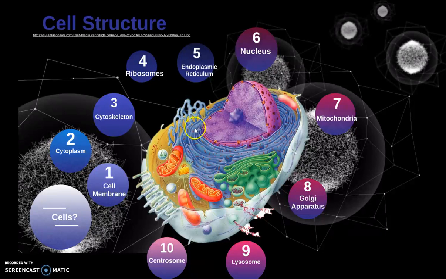The rough ER is called the rough ER because it looks rough because all these ribosomes are stuck to it and amongst it. The rough ER produces proteins and helps transport these proteins because the ribosomes, again, produce them. The rough ER transports, and they leave by getting pinched off to the Golgi apparatus, and that's the green stuff, the Golgi apparatus.